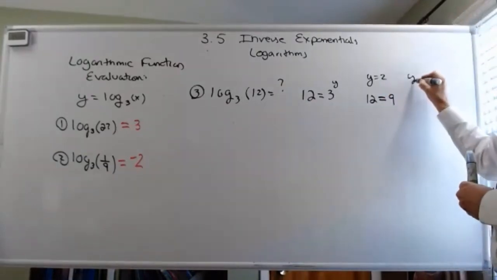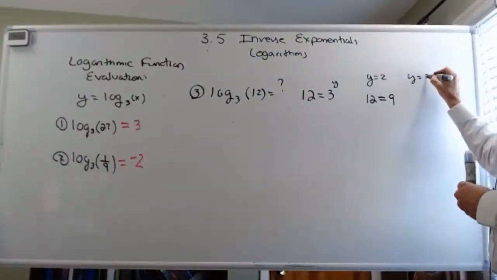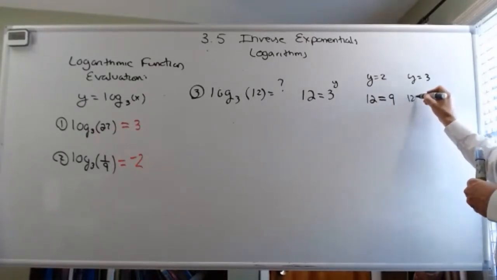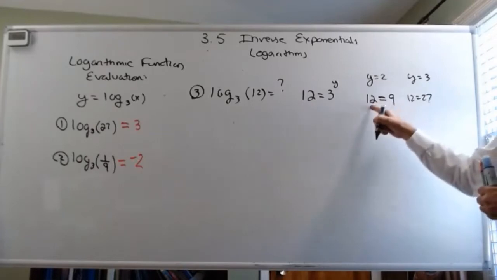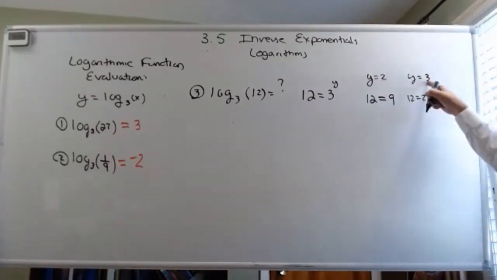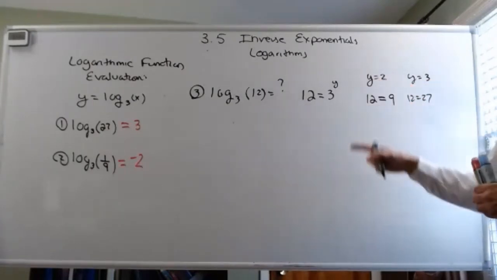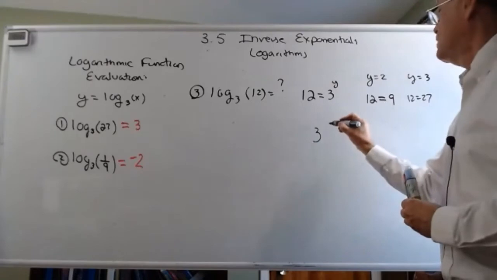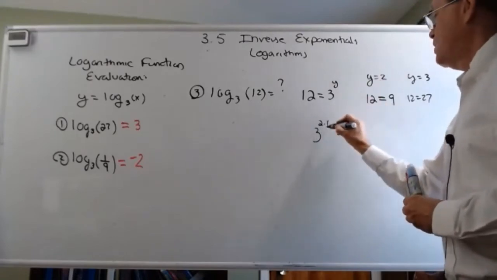Now, if I did y equal to 3, what would I get? I would get 27. So I know the number should, in many cases, be between 2 and 3. So it's an approximation. Let's keep trying to put it in. Let's do 3 to the 2.1 power.